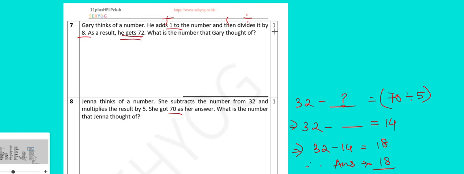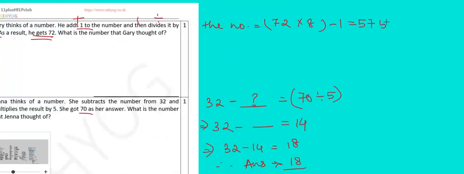So how are we going to solve it? Now the number is equal to 72 multiplied by 8 minus 1, which is 575. If we solve this completely, we get this answer. So 72 times 8, we get 576, minus 1, we get 575 as our answer for question number 7.